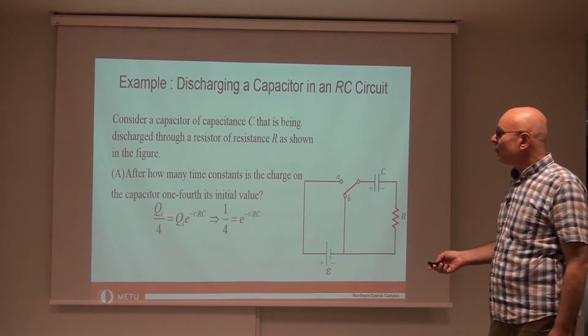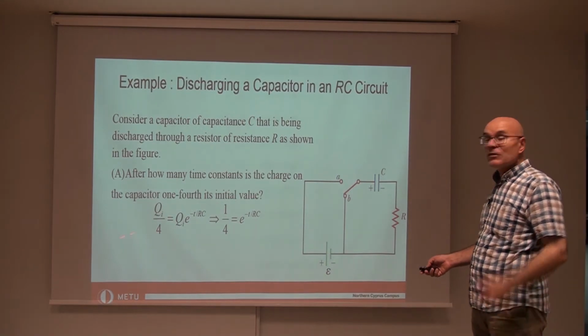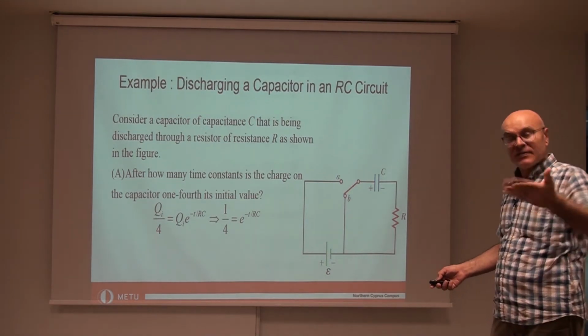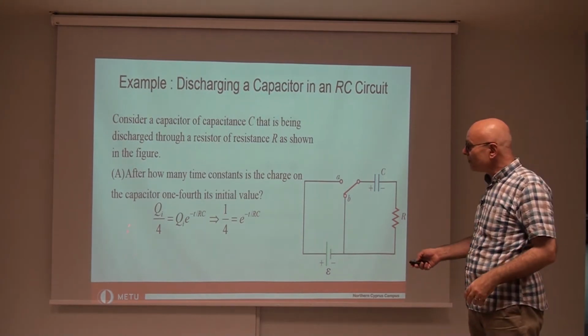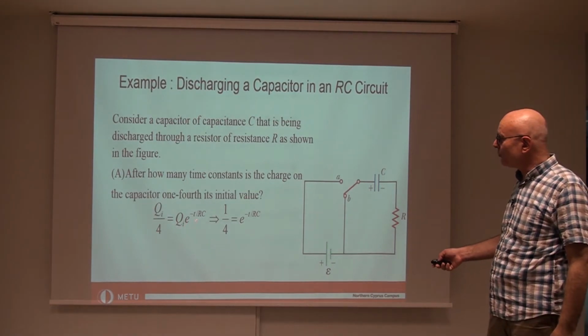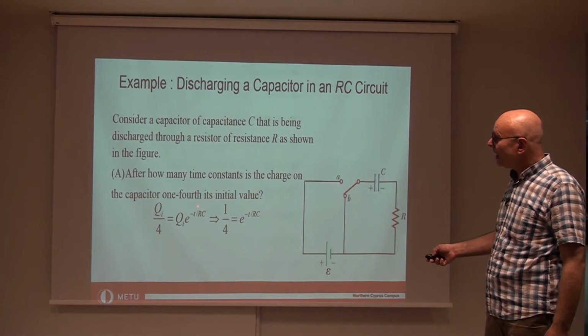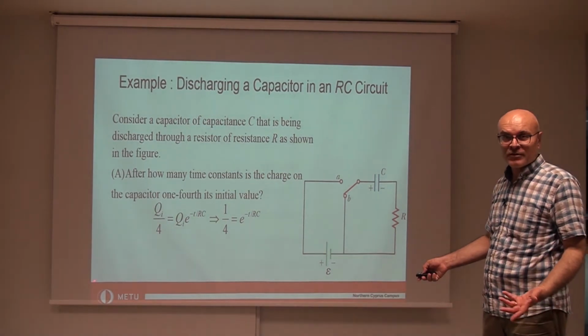In other words, we want Q equals Q initial over 4. So we want to find t in units of RC that will make this possible. We need Q initial e to the minus t over RC equals Q, and we set it equal to Q initial over 4, and find at what t this holds. This is the equation, okay?